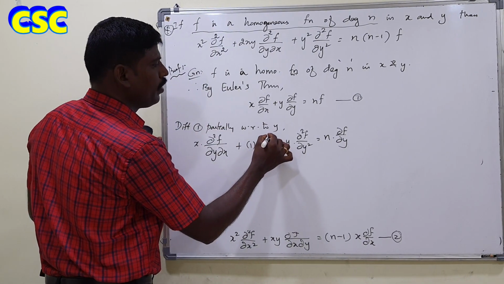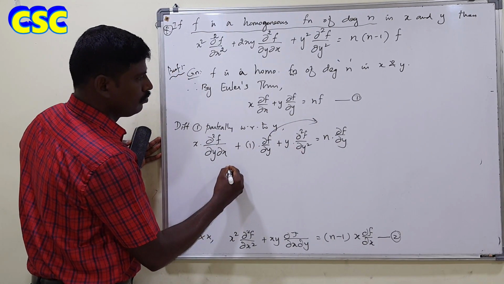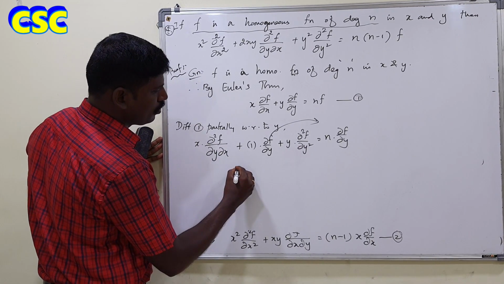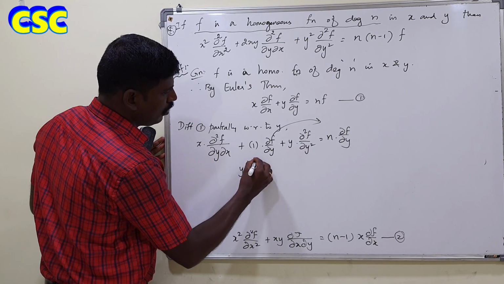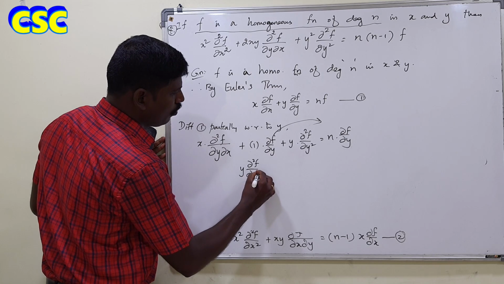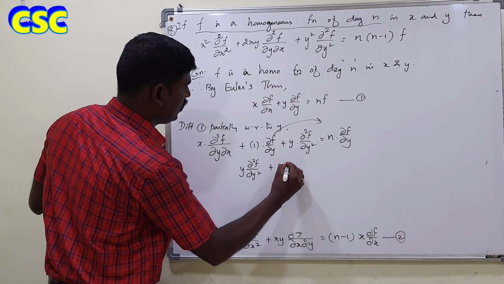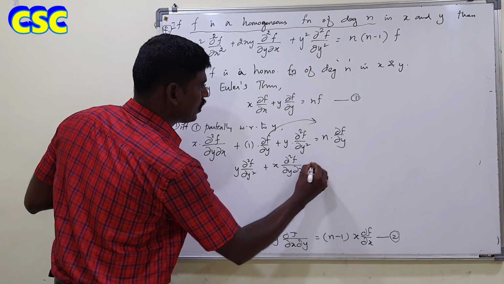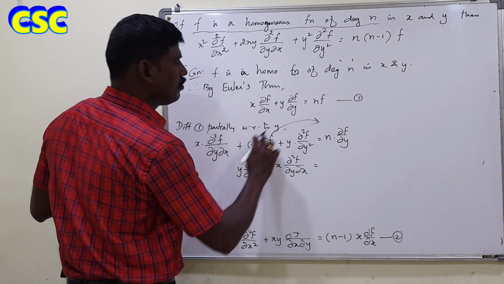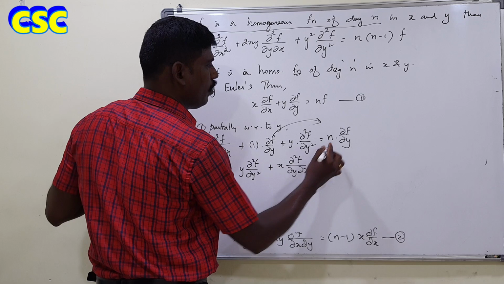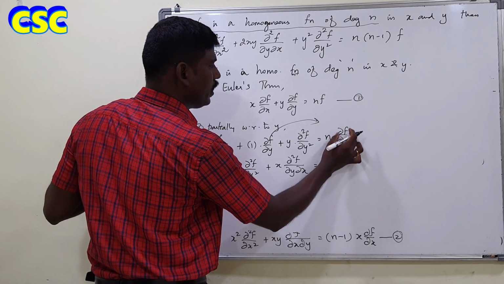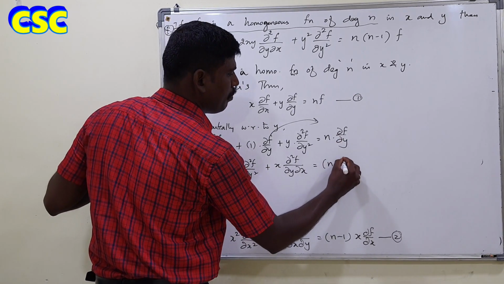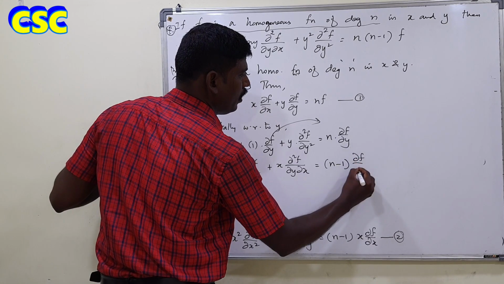Taking this dou f by dou y term to the right hand side, what will we get? I rewrite this as y into dou square f by dou y square plus x into dou square f by dou y dou x is equal to minus dou f by dou x. Taking dou f by dou y as common, it becomes n minus 1 into dou f by dou y.